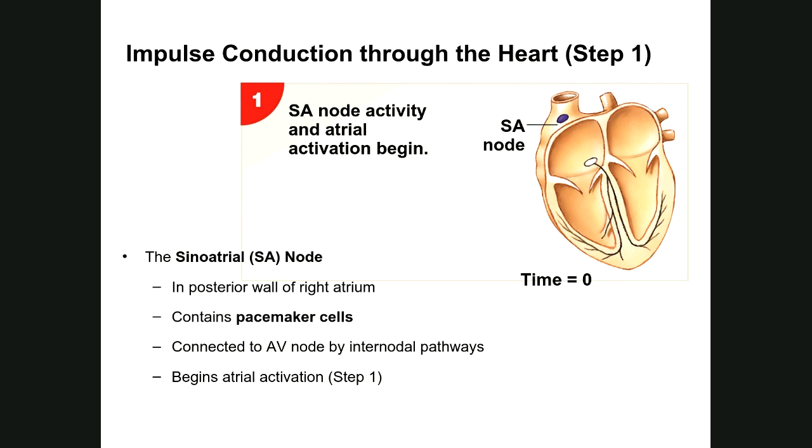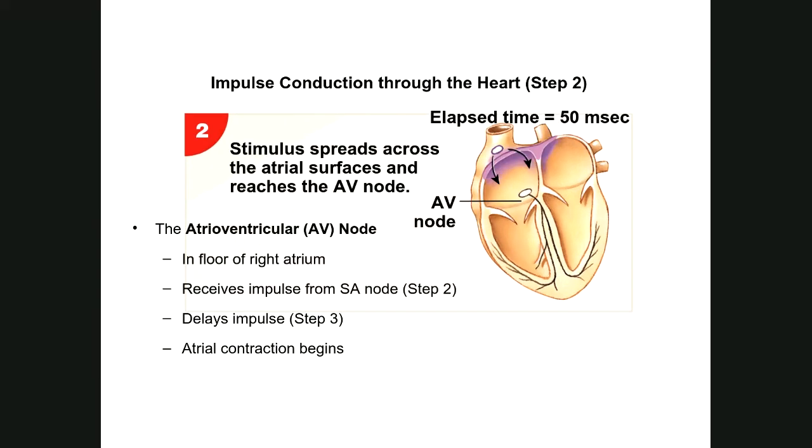Atrial activation starts as step one, but it does not reach the AV node as soon as it leaves the SA node. There is a little delay, which is simple to understand because the impulse starts at the right atrium and has to reach the left atrium first.